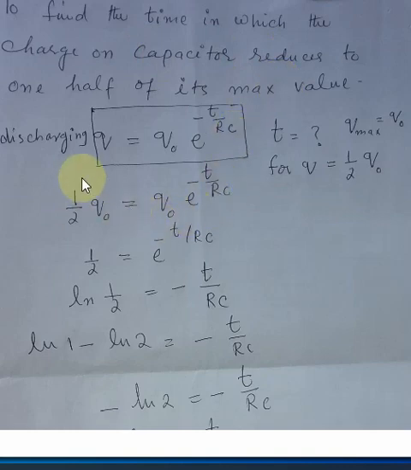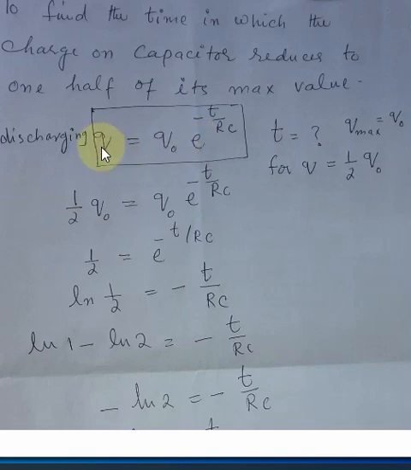So we will use this equation, and we are required to find the time t in which the charge on the capacitor reduces to 1/2 of its maximum value. So the instant of time t at which the charge q is 1/2 of q naught is required to be determined. So we will put the data in this equation.